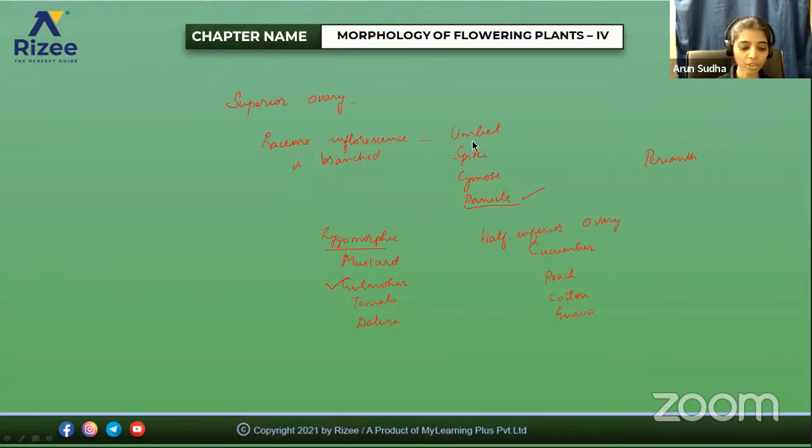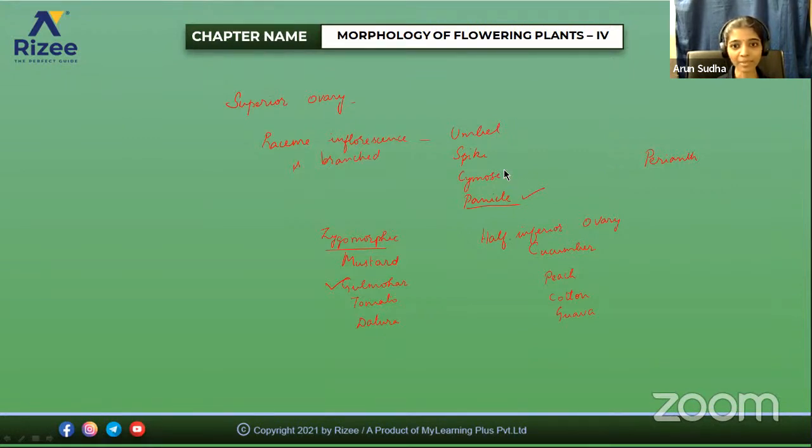Flower in which only one set of essential organ develops is called unisexual, monoecious, dioecious, or polygamous. Here you have to be clear.